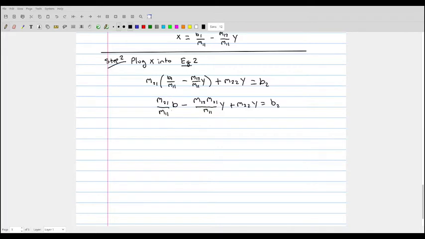And we can subtract this from both sides to try to isolate y. I can also factor out a y here. This is the same thing as y times m22 minus m12 times m21 over m11. And this is going to be equal to b2 minus m21 over m11 times b1.